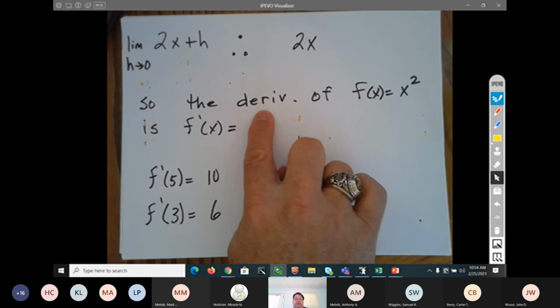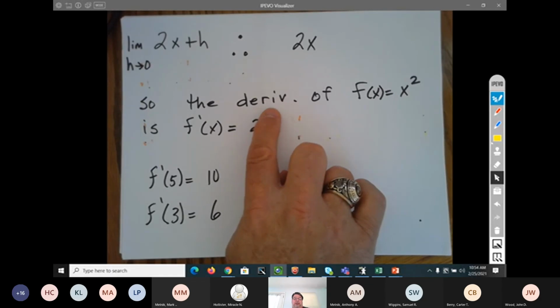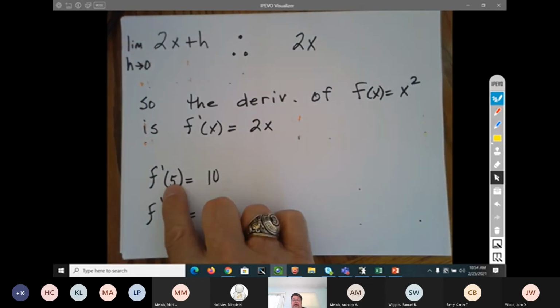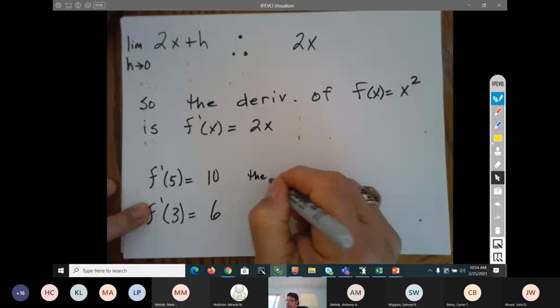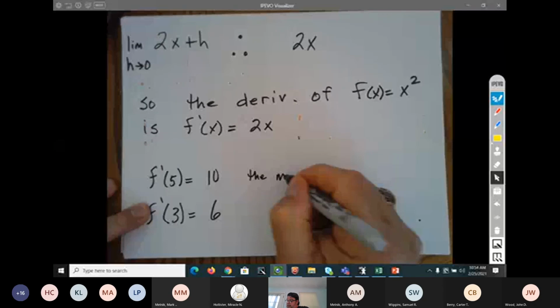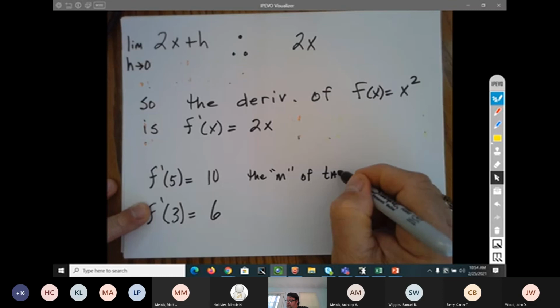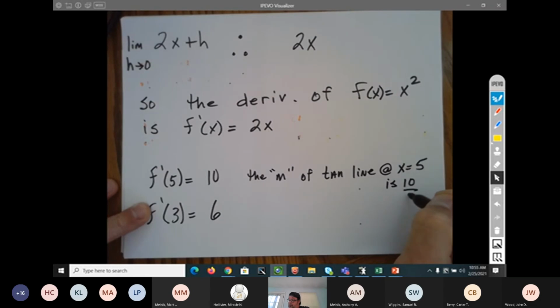The derivative is the equation for the slope of the tangent line at any point on the function. So what is the slope of the tangent line at x is equal to 5? That's what that means. So I'm going to write it out beside it. The slope of the tangent line at x is equal to 5 is 10 over 1, or 10.